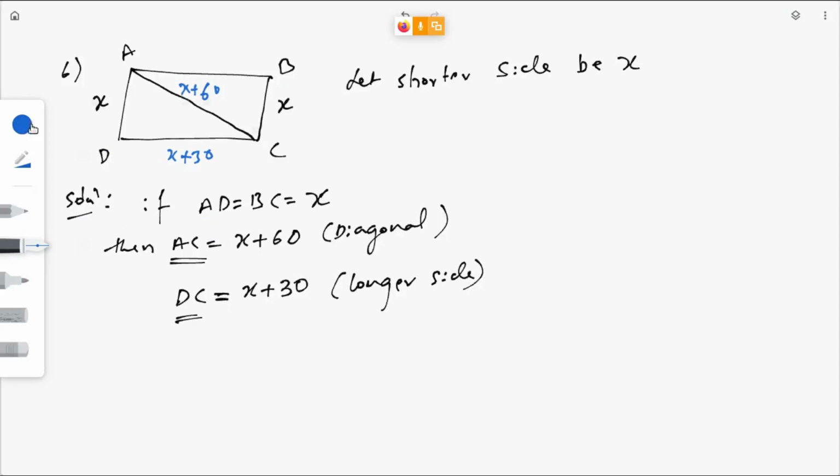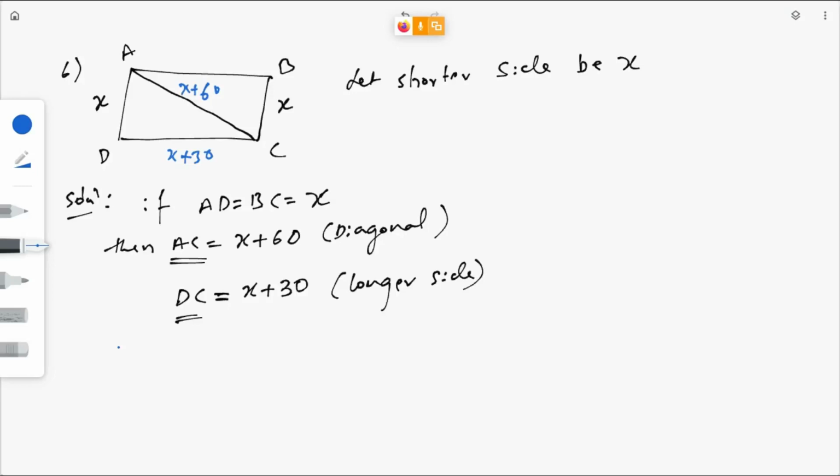How to find BC and DC here? We need to make a quadratic equation out of this. How to make a quadratic equation here? So this is the given data. This is all we got from the given statements.